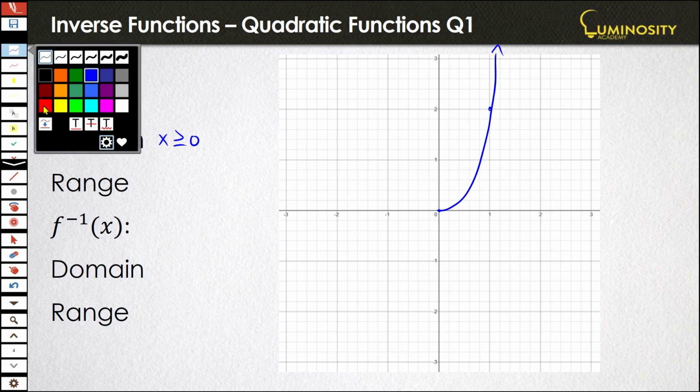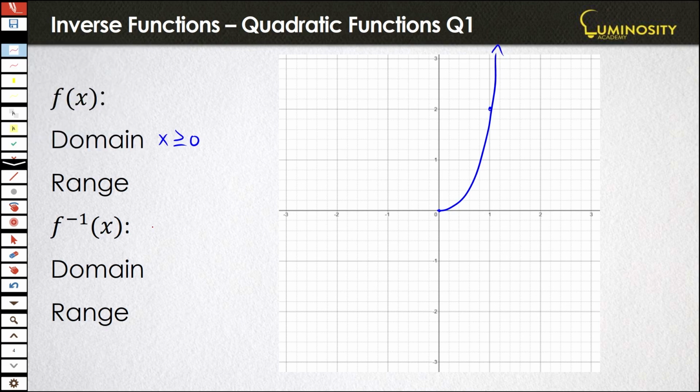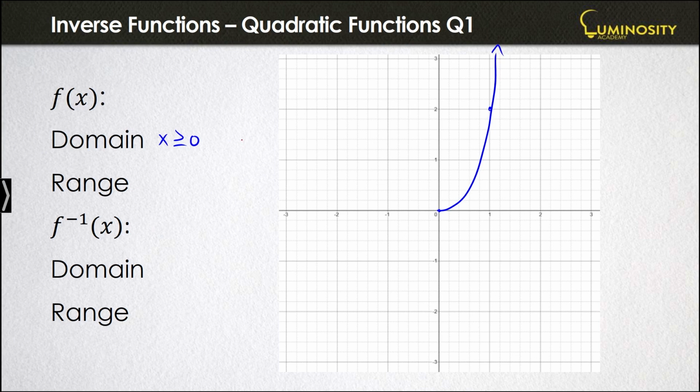Then for our inverse function, remember the domain and the range switch. So now we're going to have y is greater than or equal to 0. So here we are going to start right there and then over at this point there, and we go like this. So now what is our domain and range?